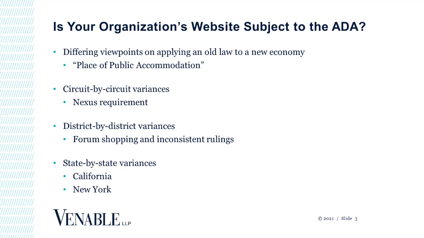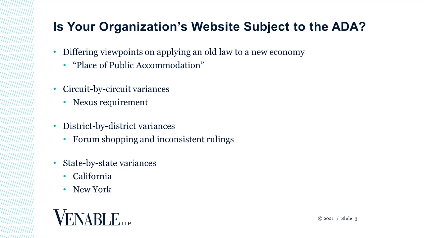So in terms of what the law says regarding whether or not your website must comply with the ADA, the law is mixed, and that creates problems for everyone. There's circuit by circuit variance, and what we really have is a spectrum. Some circuits and some courts are going to say, yes, your commercial website must comply with the ADA.